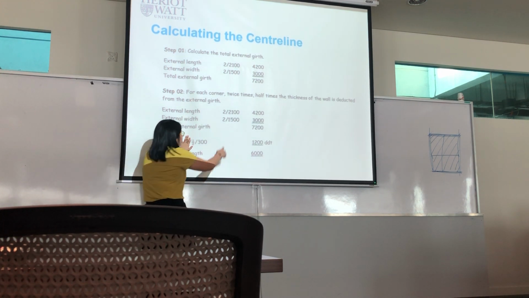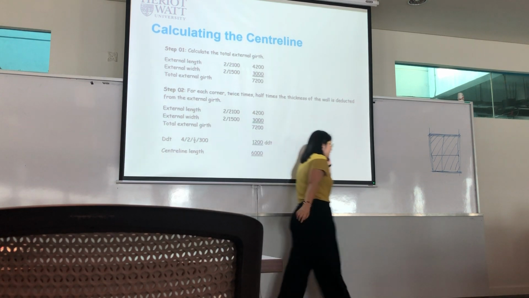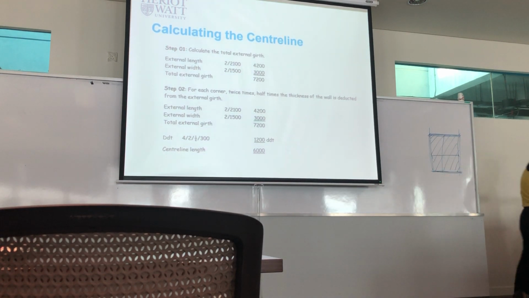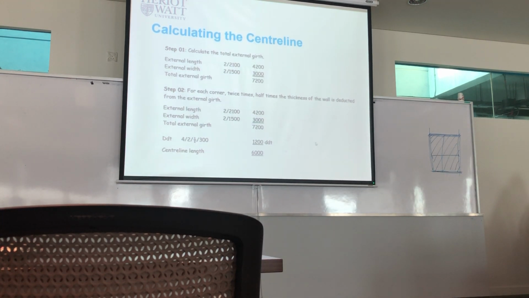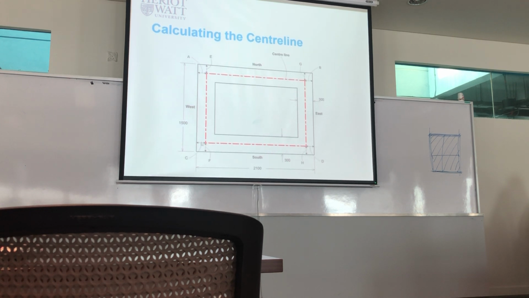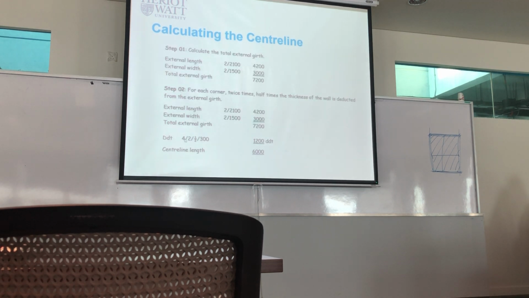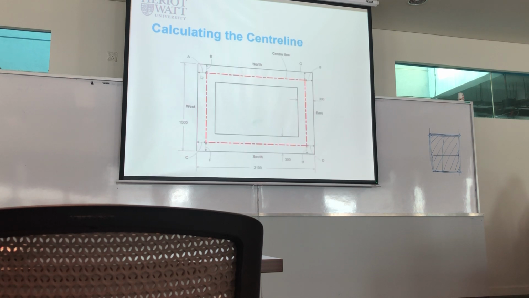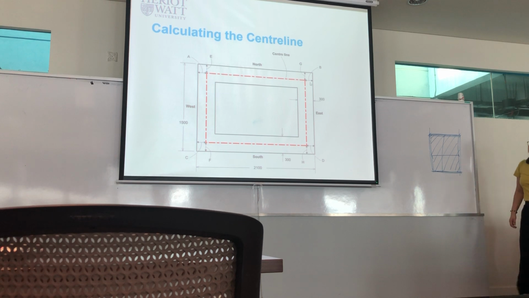So for each girth, how many? Both sides, right? You need to minus both sides, isn't it? Yes. So you have this half, you need to minus by both sides. Then, how many corners do you have? Four. 1, 2, 3, 4. Okay?